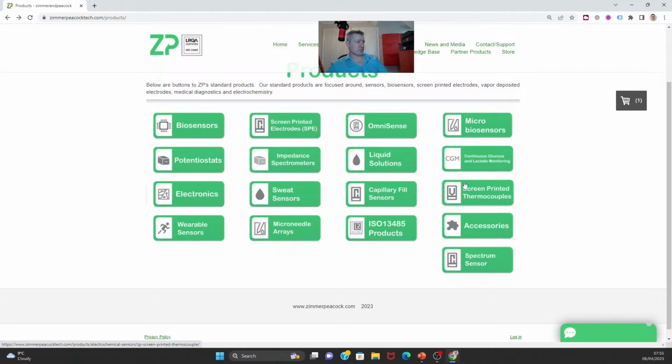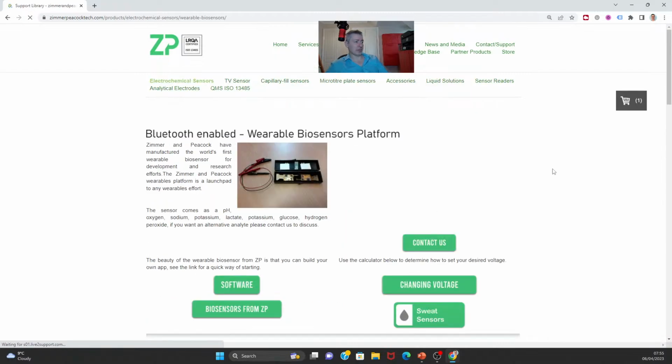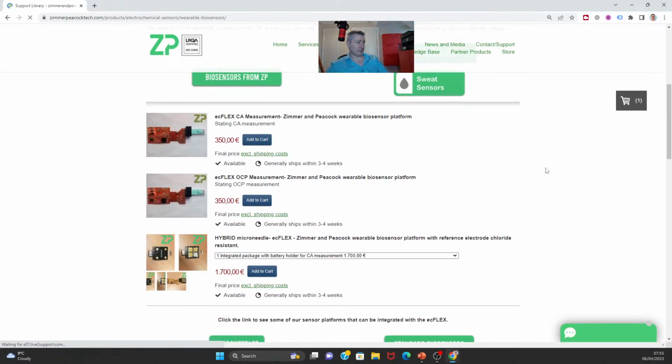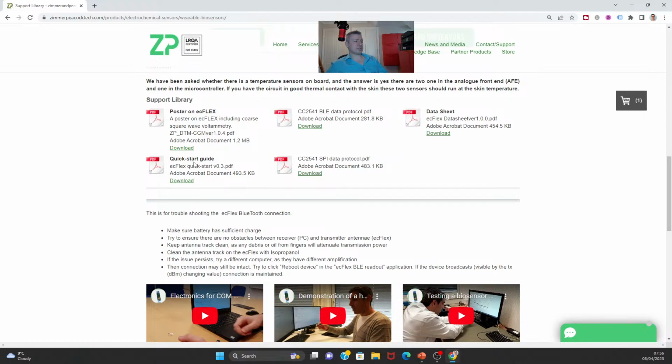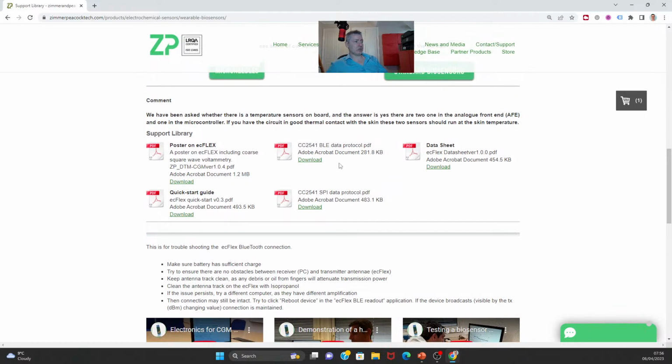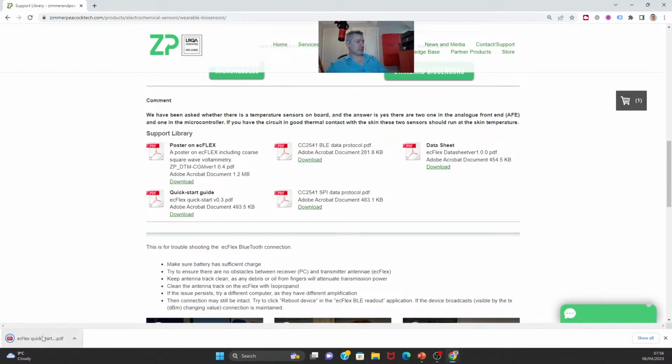In the past, we would have been more keen on it, but to be honest with you, the chipset, we found something that's more useful. So we have a quick start guide here, SPI data protocol, Bluetooth protocol, a data sheet, and a poster. I'm just going to have a quick look at this quick start guide.